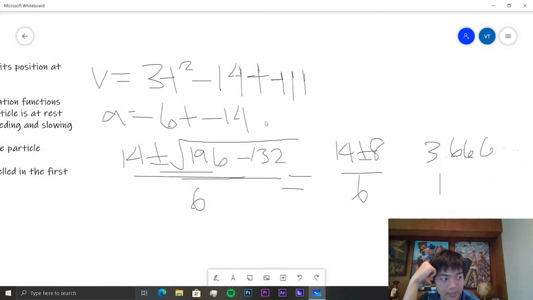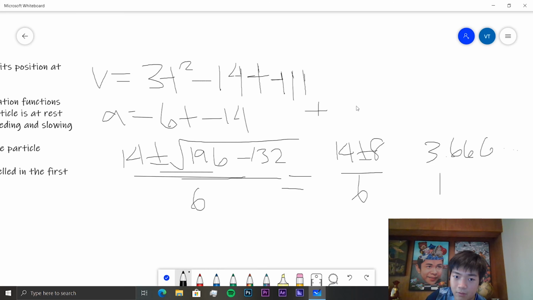Acceleration is positive when t is greater than 14 over 6, and it's negative when t is less than 14 over 6.